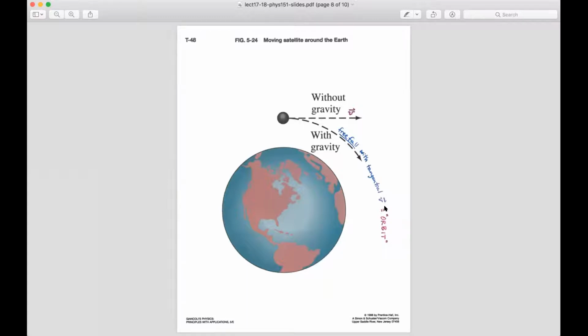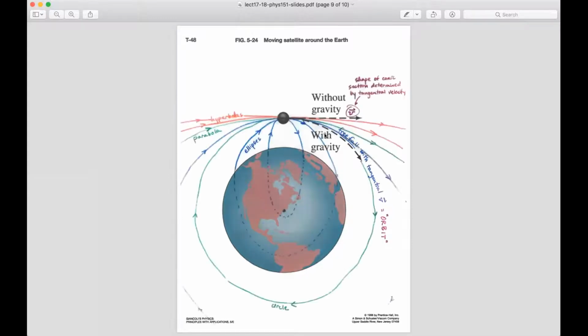That's all it is. You can imagine there is one very special tangential velocity that allows you to have exactly a circular orbit. By the way, that tangential velocity, when you're near the surface of the Earth, is about 18,000 miles an hour.